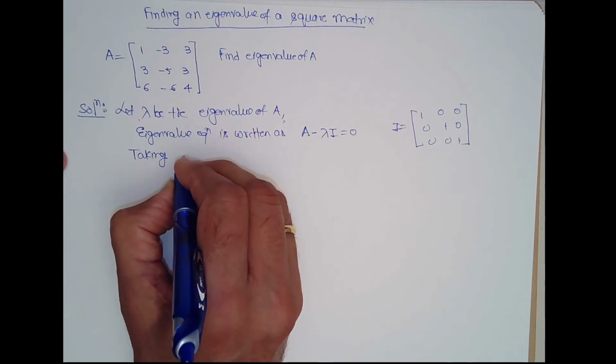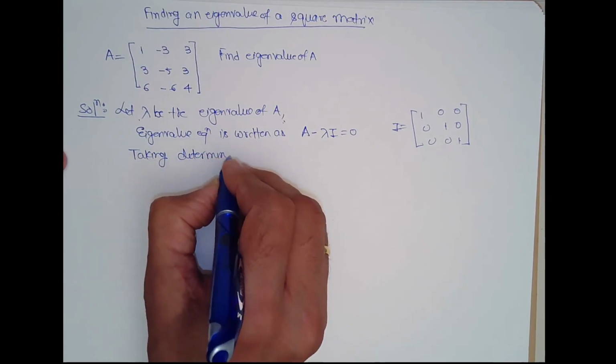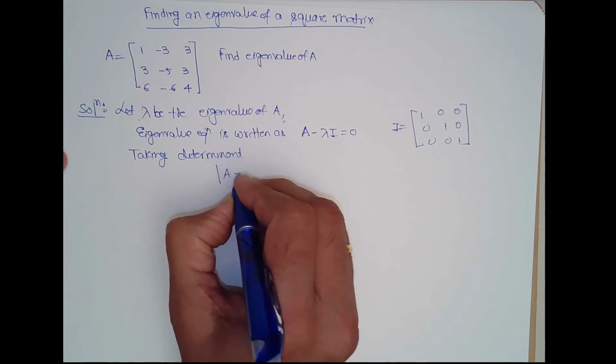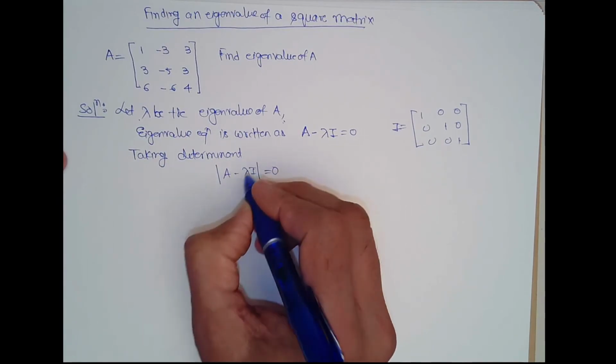Taking determinant, the determinant of A minus lambda I is 0.